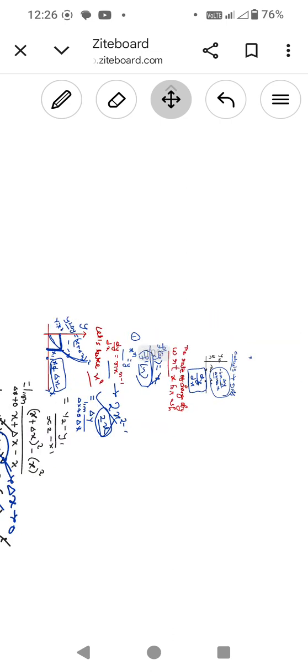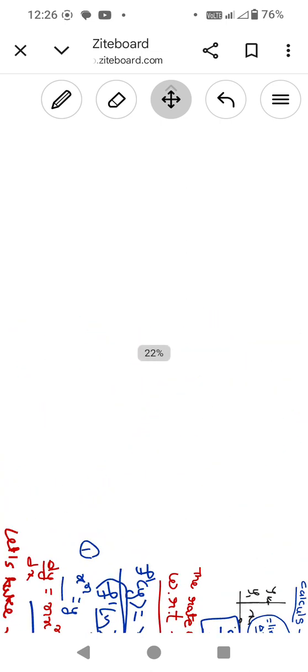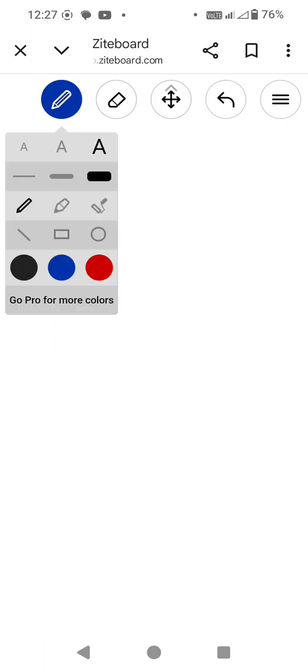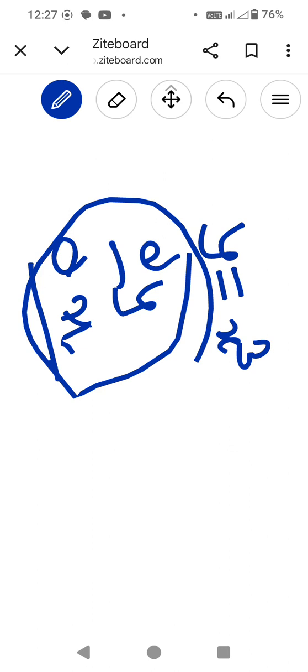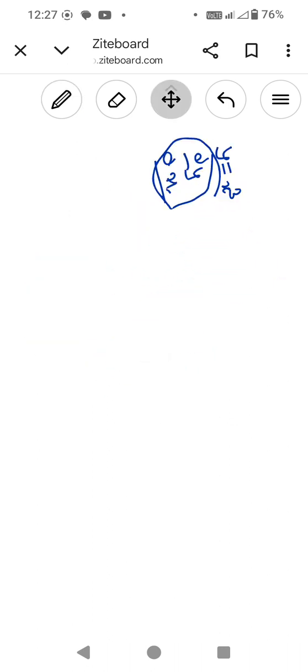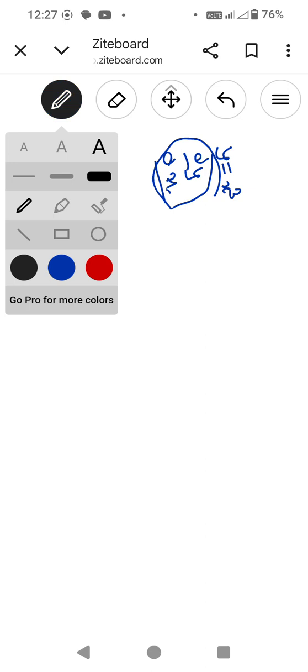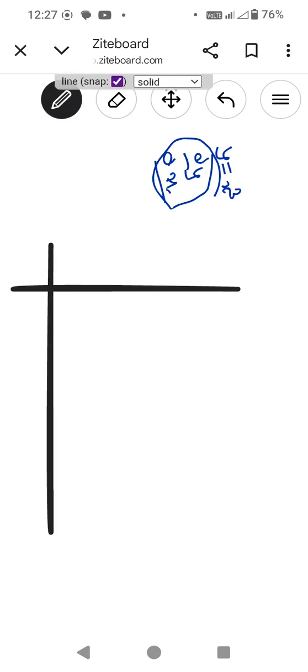If I say that y is a function of x cube, then find dy by dx. Fine. Okay.